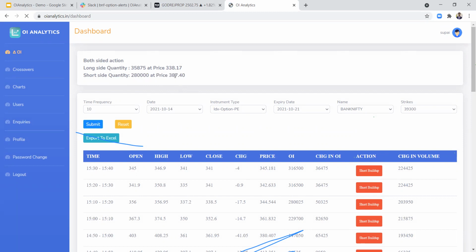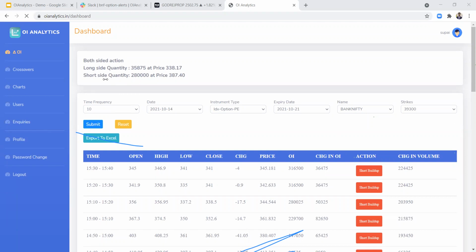So if I want to derive a support from this data point, what I would do is take 39,300, which is the strike price, and subtract the premium collected on this 280,000 quantity, which is about 38,913. So this is the kind of support that we are looking at for the Bank Nifty.